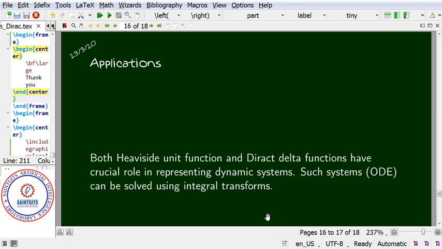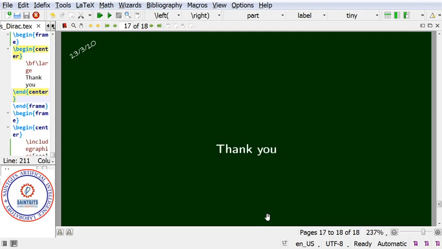That is one of the important uses of Dirac delta function and Heaviside unit step function, to combine multi-valued functions and also to use with ordinary differential equations. So that is all about these basics of Heaviside and Dirac delta function. We need these functions and their properties in Laplace transform. That is why we released this video lesson in advance of the solution of ordinary differential equations using Laplace transform.